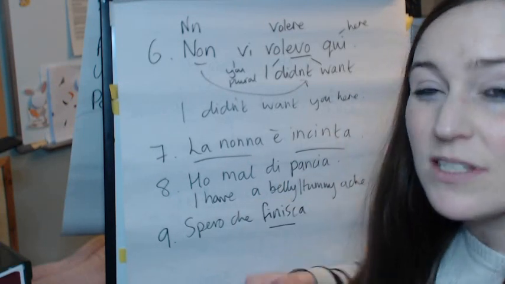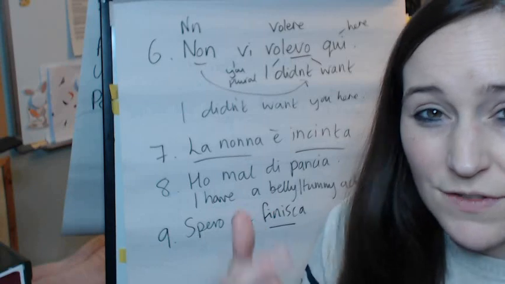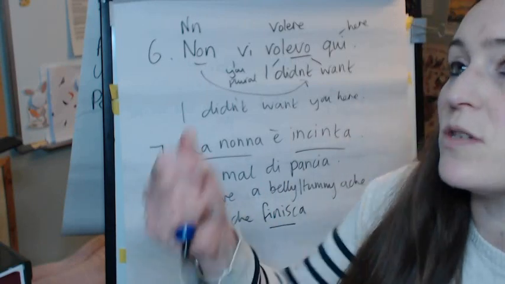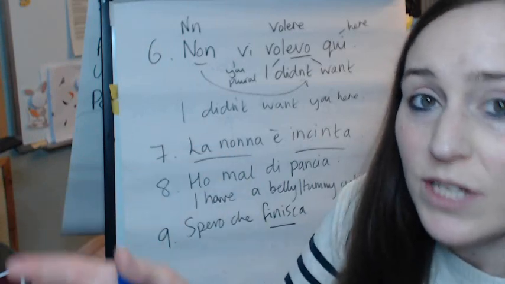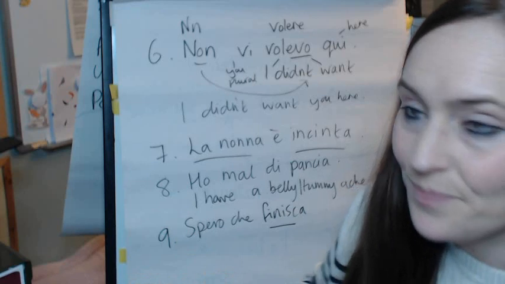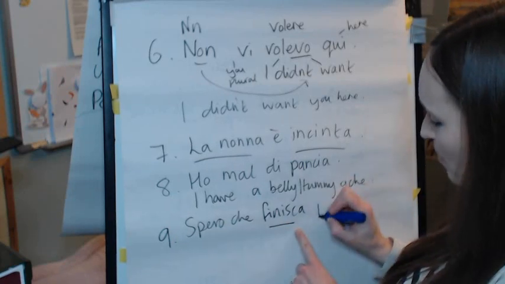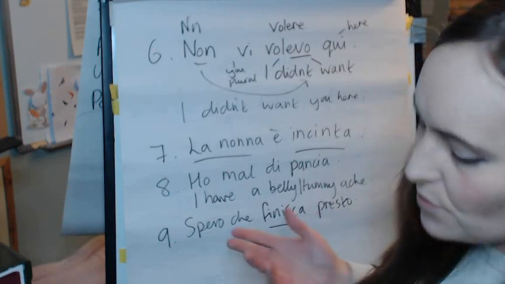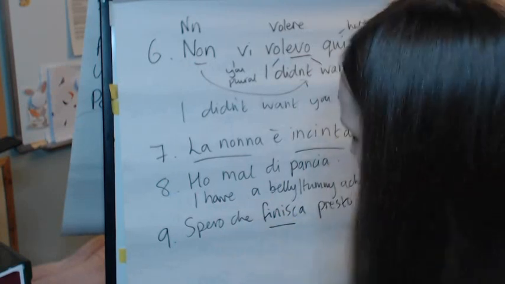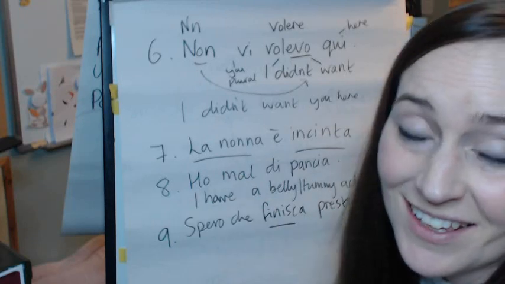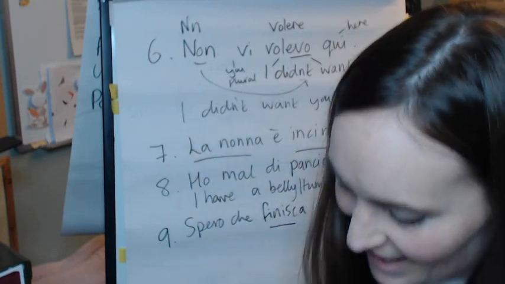So instead of finisco, finisci, finisce, we have spero che io finisca, spero che tu finisca, spero che lui, lei finisca. Una cosa finisca. Spero che finisca presto. So I hope this finishes soon, or finishes early. So therefore hope the meal's over shortly, because it's such a burden.